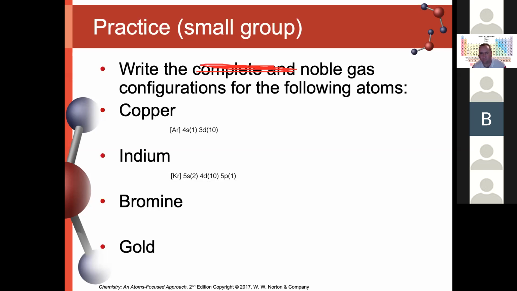Oh, yeah, that's what I got. And then for bromine, it would be [Ar], and then 4s2, 3d10, 4p5, I believe. Yep.